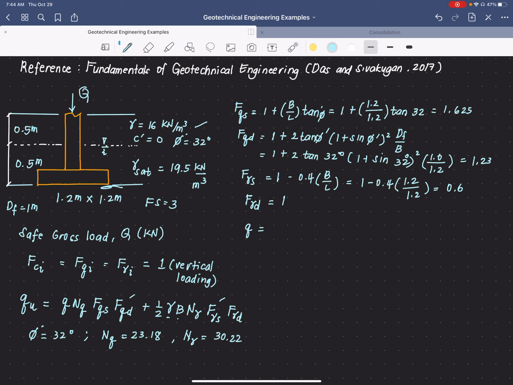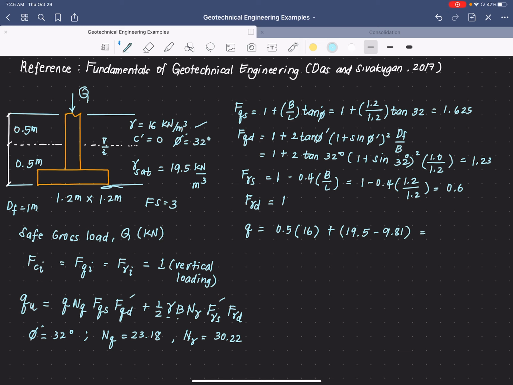So we have 0.5 meters multiplied by the unit weight of 16. Okay, and below the groundwater table, we will use a submerged unit weight, and that is obtained by our gamma sat, or gamma saturated, minus 9.81, and our gamma saturated is 19.5 minus 9.81.